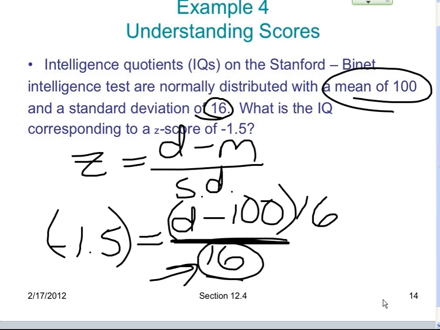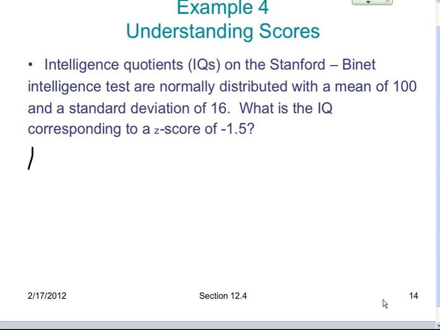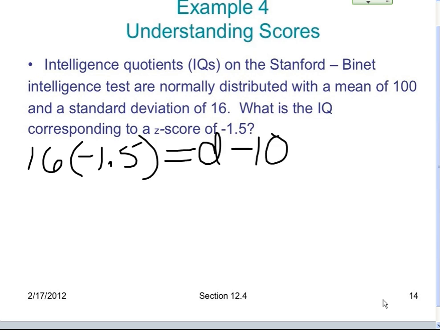And notice on the right-hand side, we don't actually multiply through because the 16s are going to cancel. So we have 16 times negative 1.5 is equal to the data item minus 100.